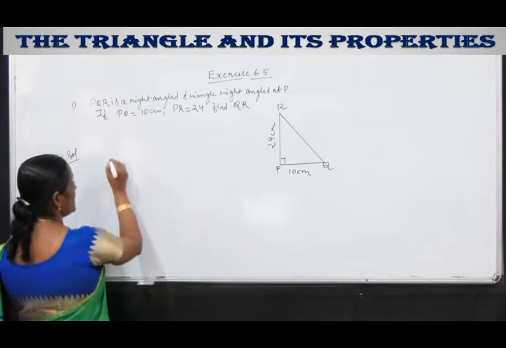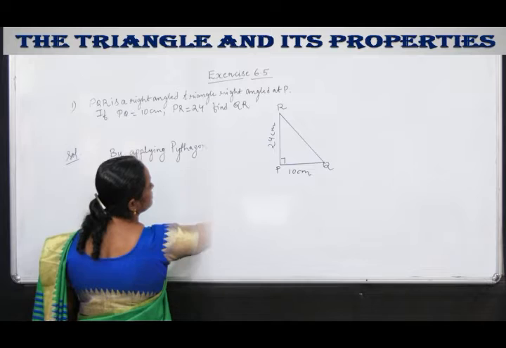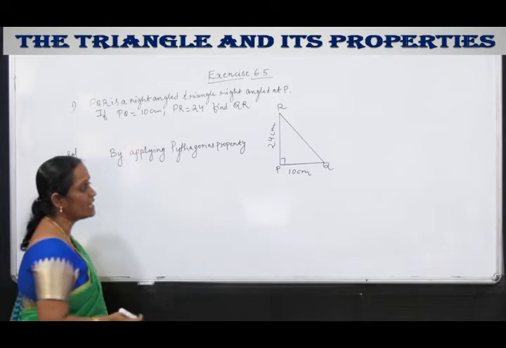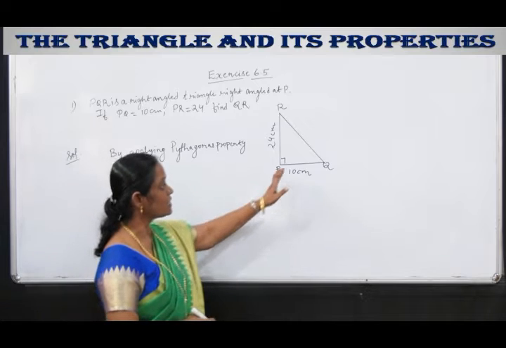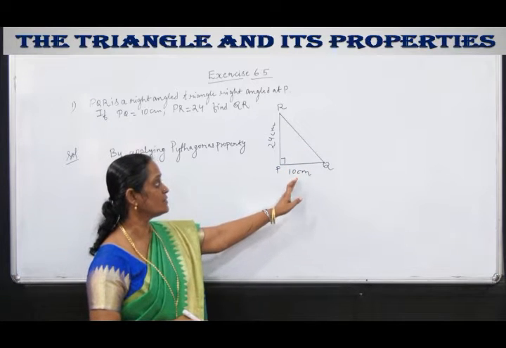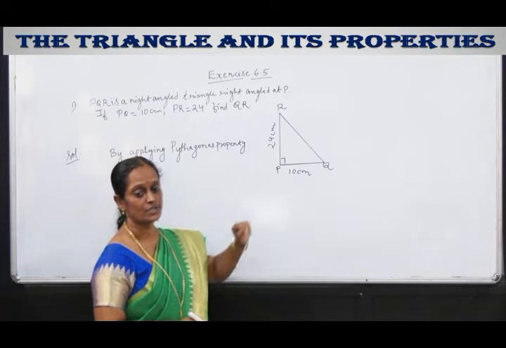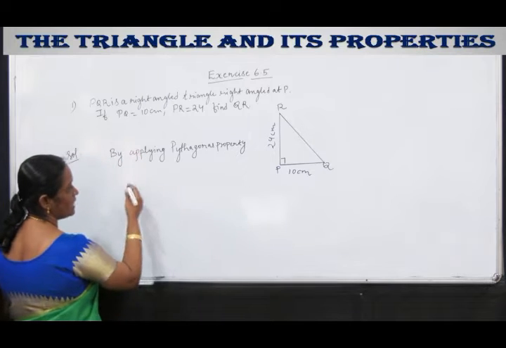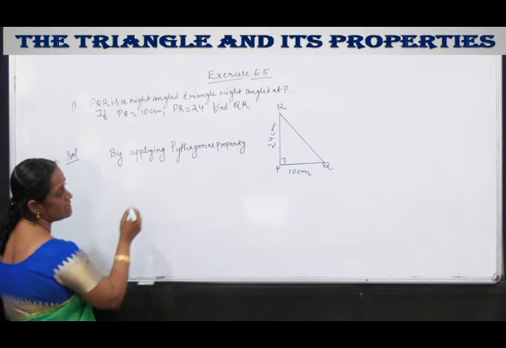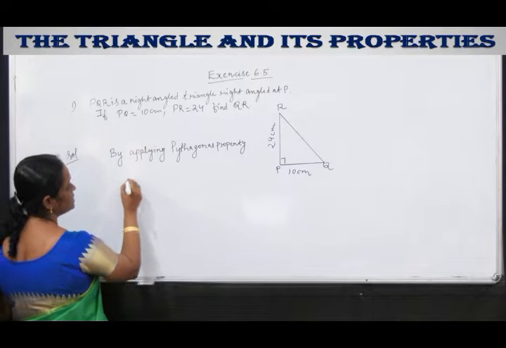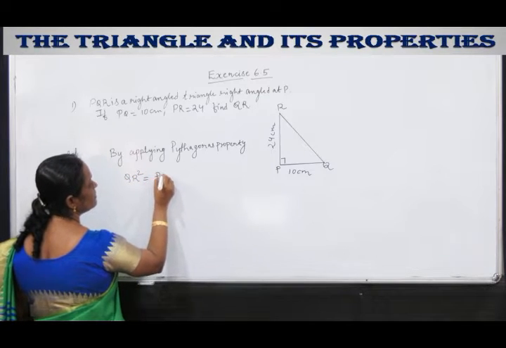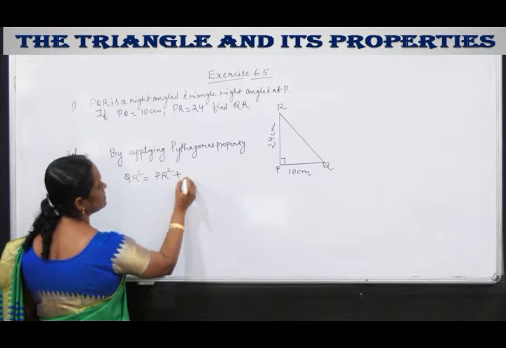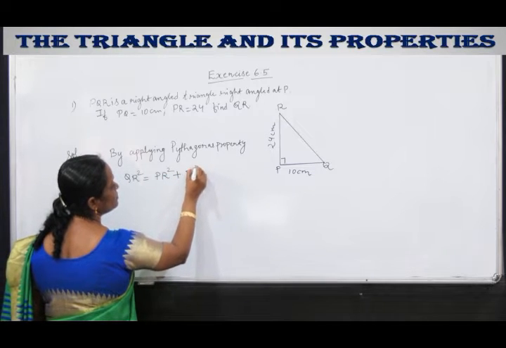So here by applying the Pythagoras property, we know that the square of the hypotenuse is equal to the sum of the squares of the other two sides. So by applying Pythagoras property in the triangle PQR, we get QR square is equal to PR square plus PQ square.